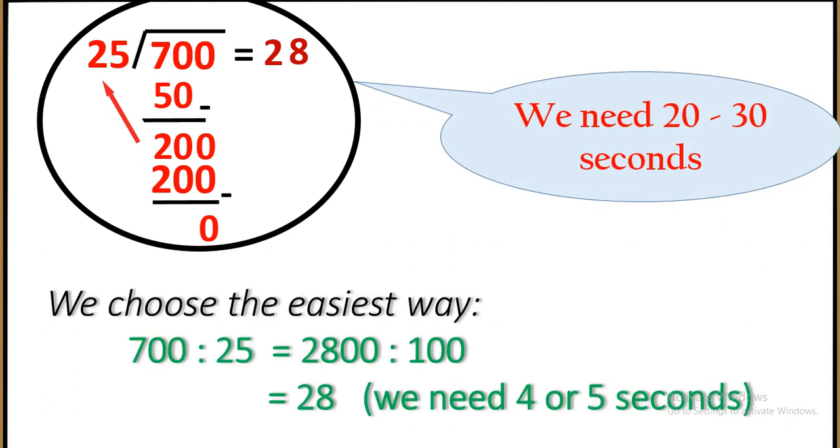So this is the way, this is the alternative, quick but full of meaning, full of concept. So that's the answer for the initial problem: 700 divided by 25 is 28.